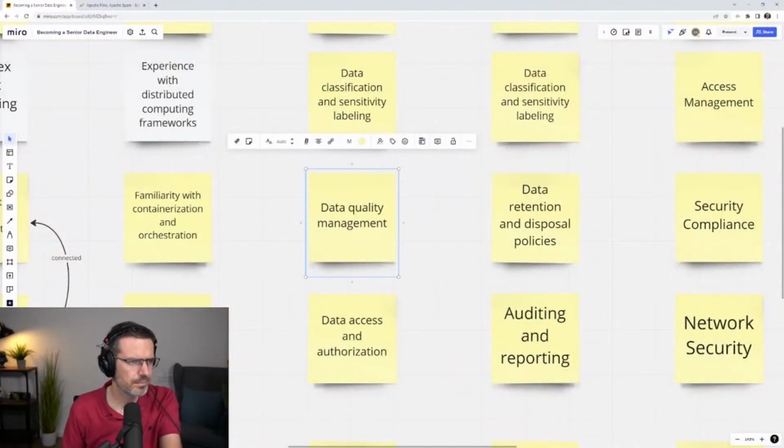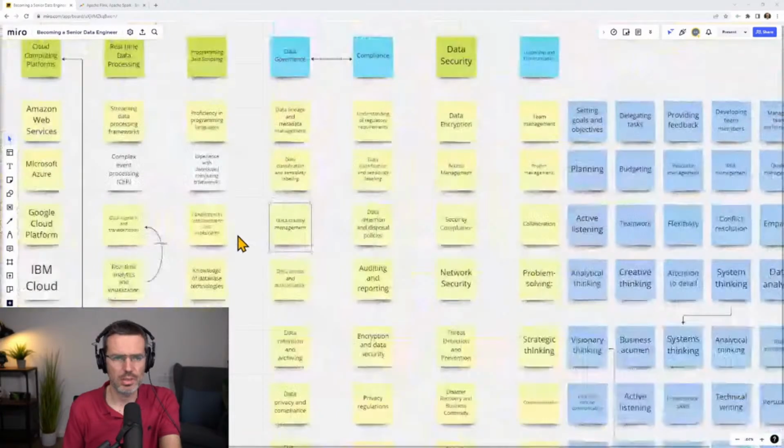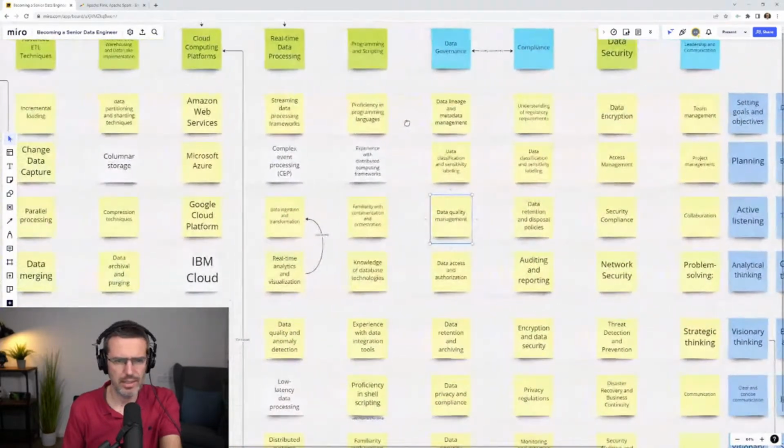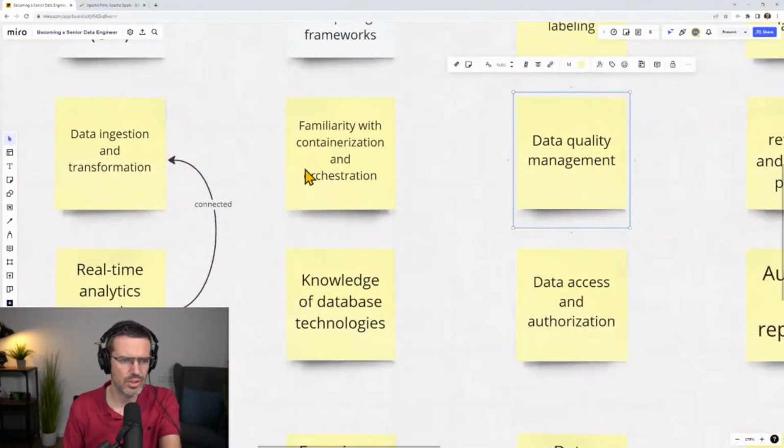A question here. Should senior data engineers have DevOps skills, containers, CI/CD, and advanced skills of backend like microservices, distributed transactions, just to focus on business logic? Everything that you've mentioned is important here. DevOps, yes. Containers, CI/CD, we were talking about containers today. Here, familiarity with containerization.